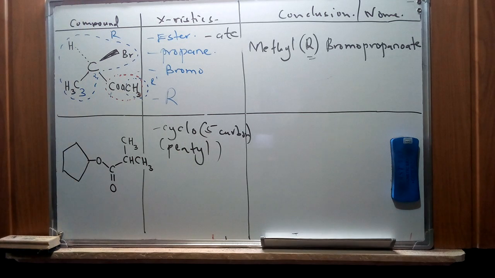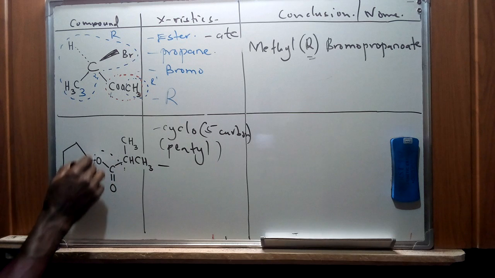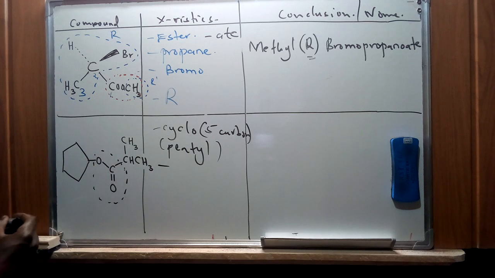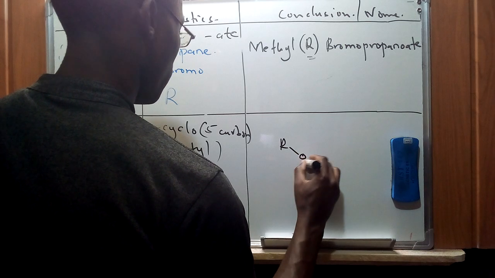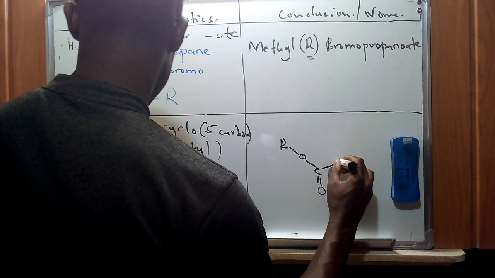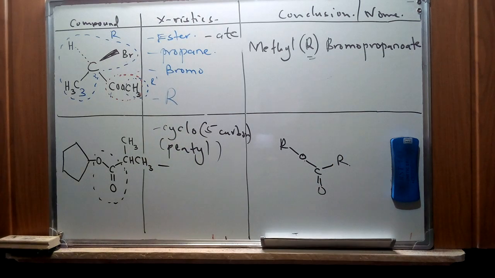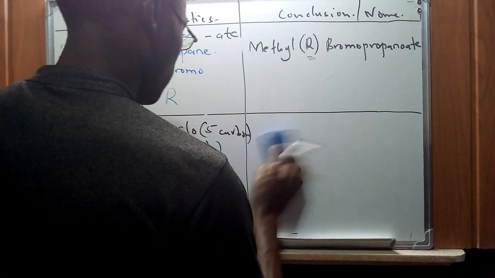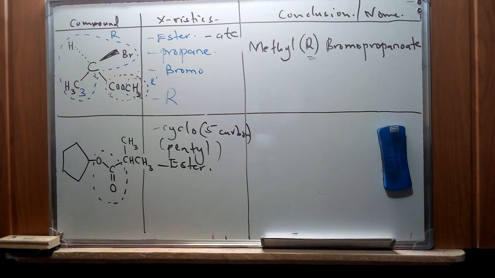Then we have a functional group, which is R-O-C with the carbonyl, so basically that's an ester as well. So therefore it's an ester. And then we have substituents at a point number.